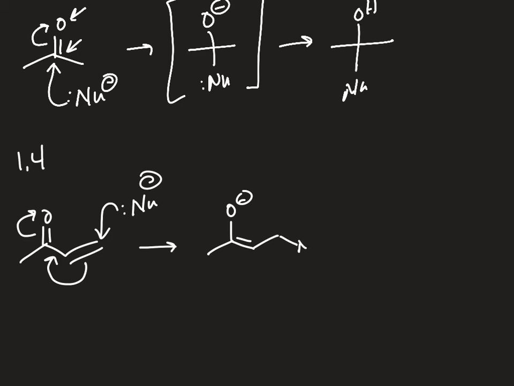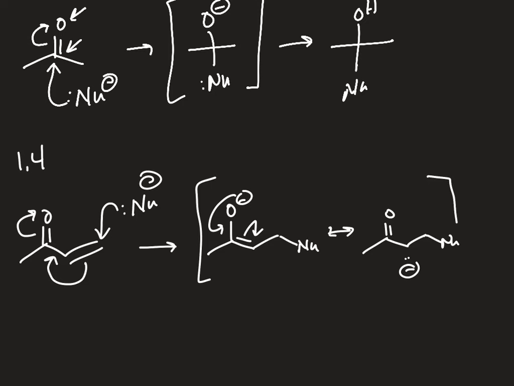We're going to have resonance structures, so we can show what those would look like. And having this resonance structure of the intermediate does help drive these reactions. This is an enolate ion.